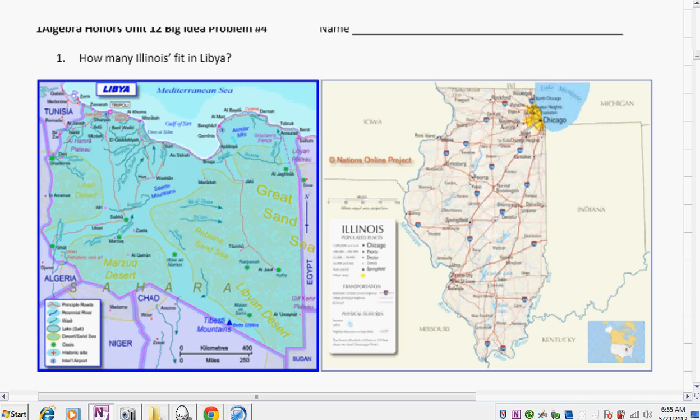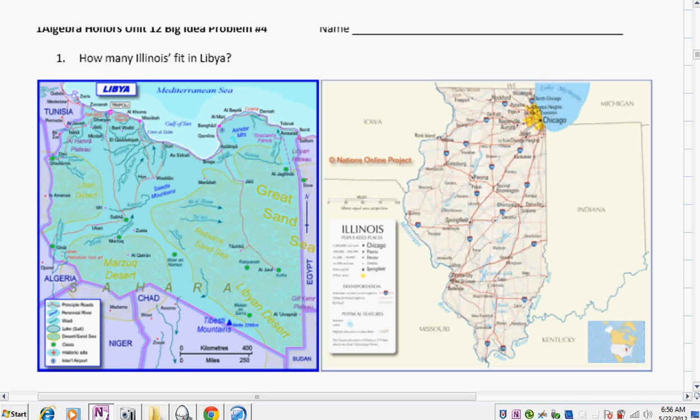It says 0 to 400 kilometers or 0 to 250 miles, and on the Illinois one it might be hard to read, but this is 0, 25, 50, 75, and 100 miles. So I could pull out a ruler, and because I'm zoomed in, the scale I'm going to use might be different than the scale you're going to use.